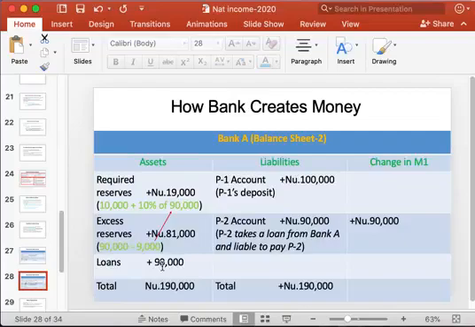So 19,000 reserve plus 81,000 excess reserve plus the 90,000 loan in the loan account of Bank A will give you a total of 190,000, and the total here is also the amount deposited by person P1 plus the amount deposited in person P2's account by the bank of 90,000, which is equal to 190,000 here.